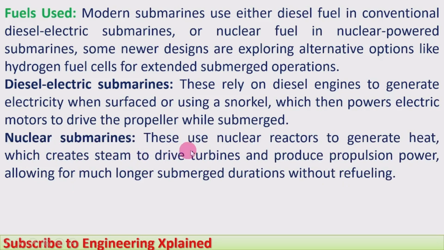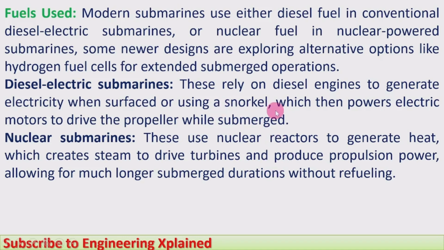Nuclear submarines use nuclear reactors to generate heat, which creates steam to drive turbines and produce propulsion power, allowing much longer submerged durations without refueling. The nuclear fuels are very small in quantity, producing a large quantity of heat. That's why by using only a small amount of fuel we can run the turbine for a longer period and produce the propulsion power as well as the electricity generation for the operation of the submarine.